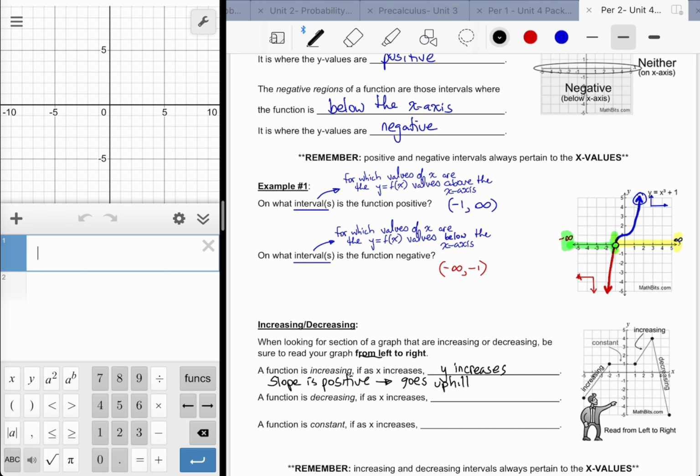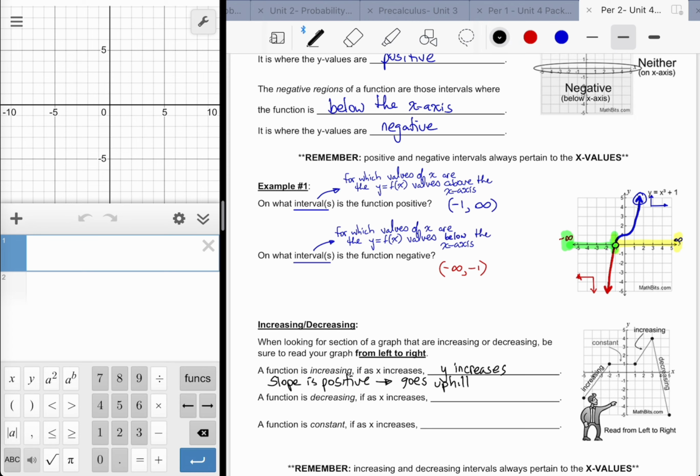We're reading these graphs when we're evaluating slope from left to right. So anything that's going uphill would be considered uphill, but only from the perspective of left to right, as if you were reading words on a page.